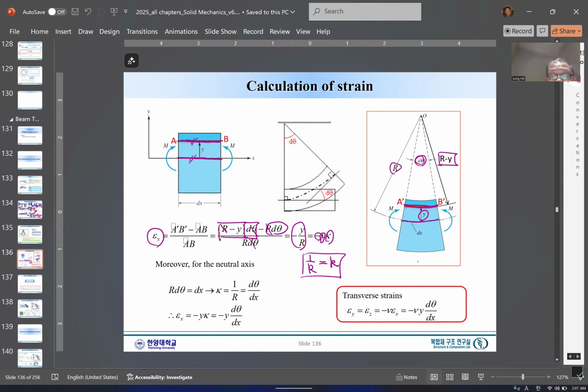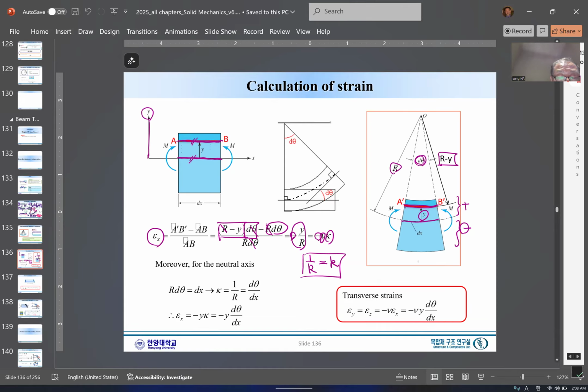Well, why minus there? Because this is the plus zone and this is the minus zone, because the y-axis is like this, and the plus zone will give us the compression. So it makes sense. We just followed this assumption, and naturally there will be a minus there.